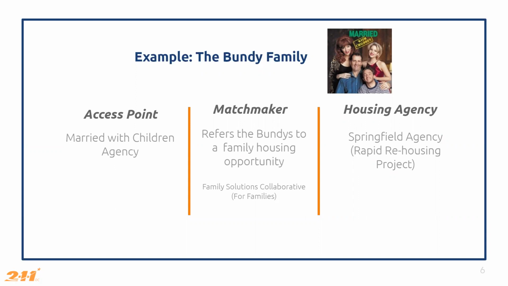So we're going to follow this scenario throughout the whole training, having the Married with Children agency as the access point, the Family Solutions Collaborative as the family matchmaker, and the Springfield Homeless Agency as the housing agency. So those are going to be my examples for each role. And we're going to review the steps that each of these agencies have to follow in HMIS in order to house the Bundy household, okay? That's going to be the scenario for the demonstration.